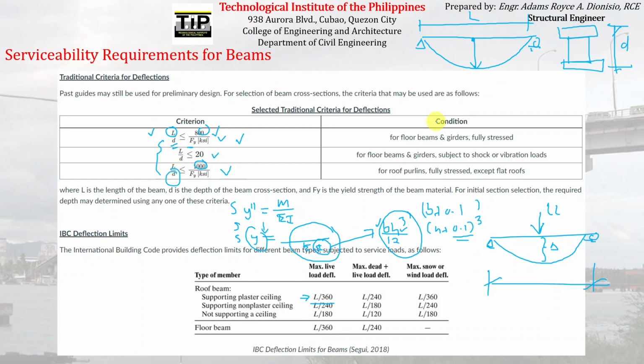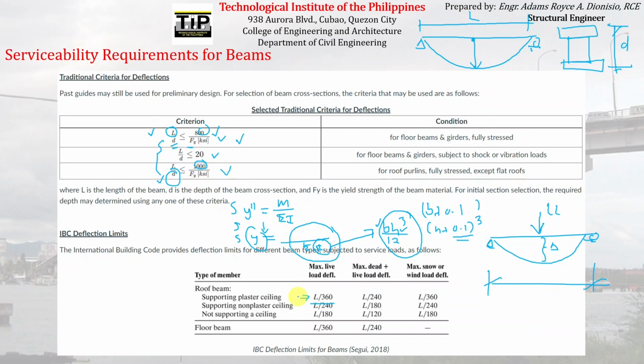Mas malalim yung beam mo, mas maliit yung magiging deflection niya. Pag mas malaki yung H, lalaki yung denominator, eh di lalong liliit yung deflection. That's why yung total depth yung ginamit to ensure that the steel beam will not experience excessive deflection.